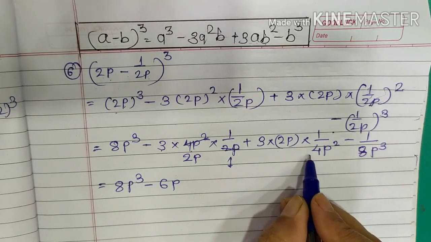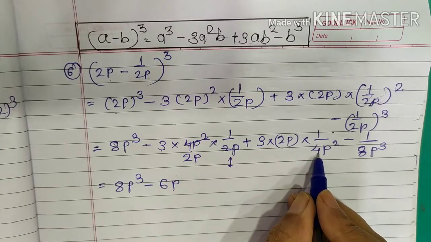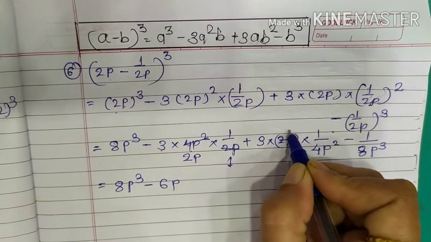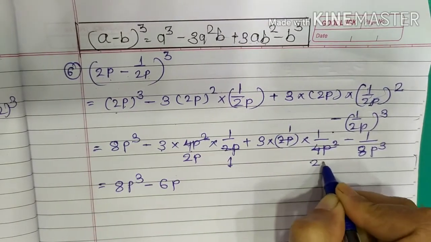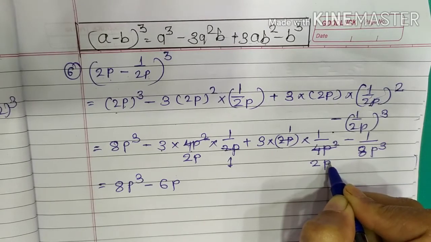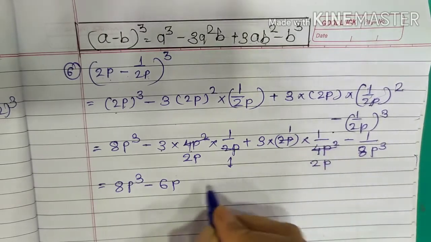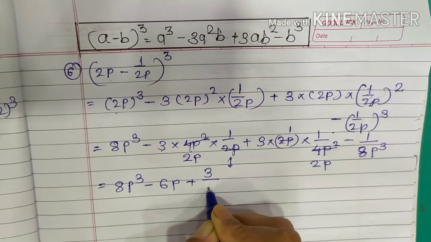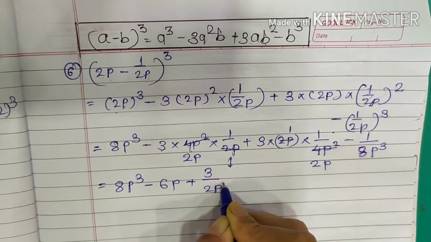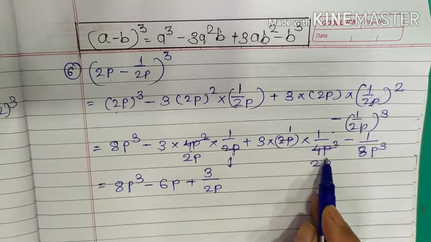Again, here that is 2p 1. Here 2p remains. Hence, we can write like this. This 3 is multiplied by 1 plus 3 divided by 2p. So, we divide this term by this term.